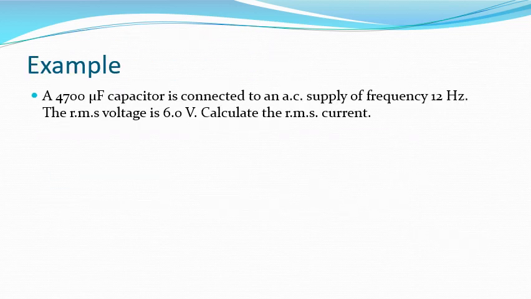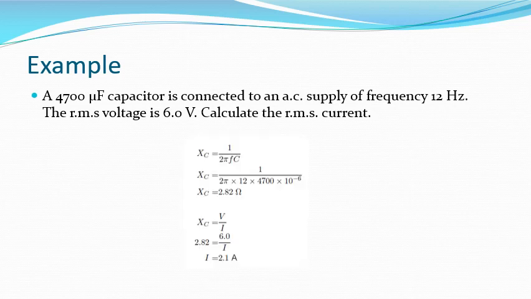So a couple of examples now. If we're given information about a capacitor and the frequency of supply and the RMS voltage, then we can work out the RMS current. So we need to do two steps here. First step is we need to work out the reactance in ohms, and then having the reactance in ohms and the voltage in volts, we can work out the current.